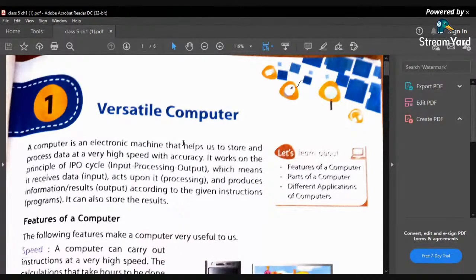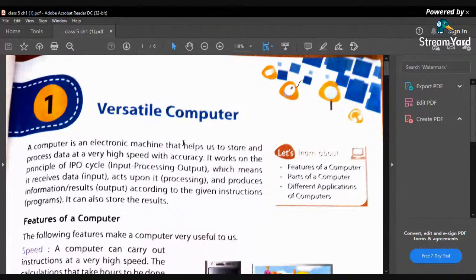Now let's ask about the computer. A computer is an electronic machine that helps us to store and process data at a very high speed with accuracy. We already discussed that it gives accurate results, and now we discuss that it helps us to store and process the data.